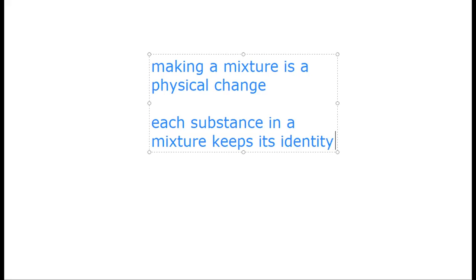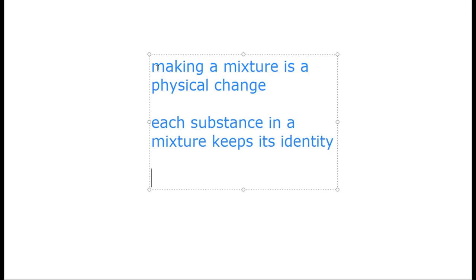Understood? Making a mixture is a physical change because each component or each substance in a mixture keeps its own identity. So we don't make new substances. Any type of mixture, choose any type of mixture, it's a physical change.